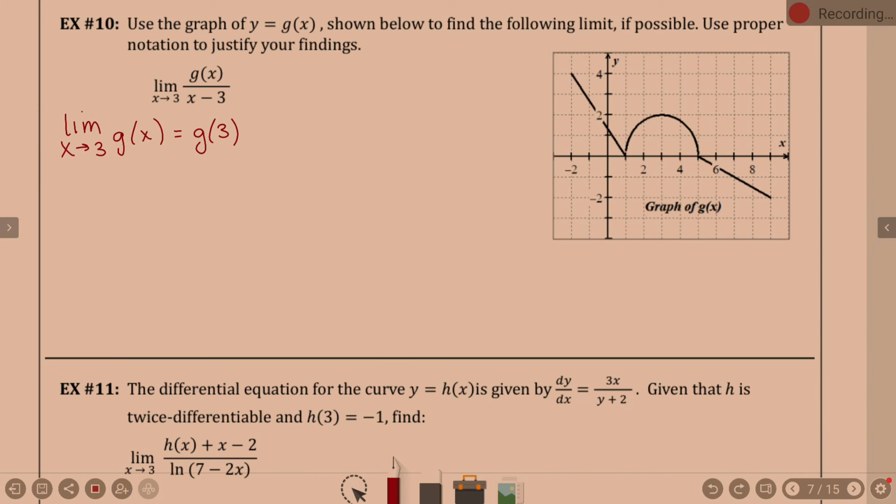When you plug that 3 in to find your limit, it's going to be g of 3. So note, what is this the graph of? This is the graph of g, yes? So g of 3 is 2. Okay. Limit as x approaches 3 of x minus 3 is going to be 0.